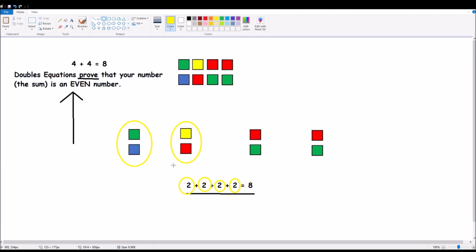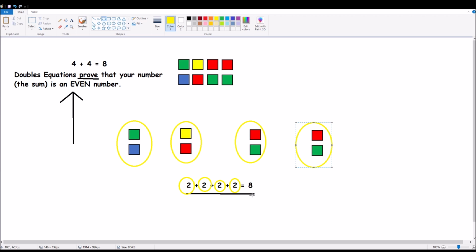There's 2, there's 2, there's 2, there's 2. Let's check and see how many of those groups there are. 1, 2, 3, 4. So if there are groups of 2 and there's 4 of them, then we have the number 8.